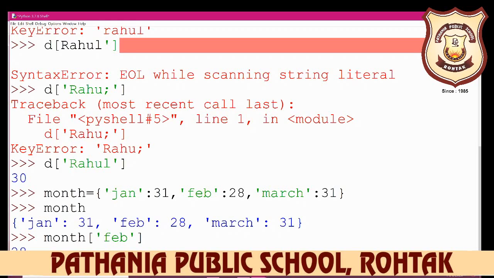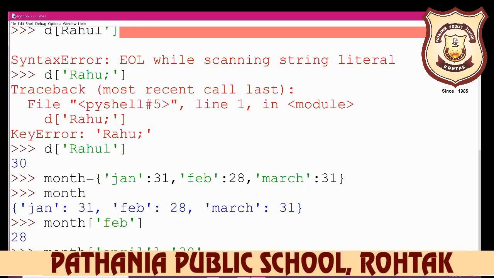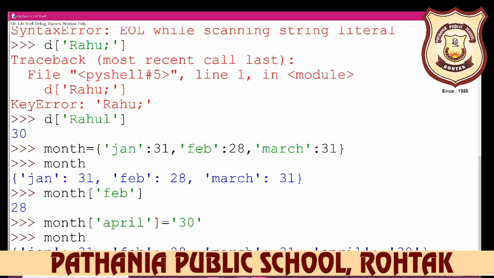So you write down April, then quote, then bracket close, then equal to sign, and here you write down April 30. So you write down 30 here. So now if you want to display the month, you see April is added here.